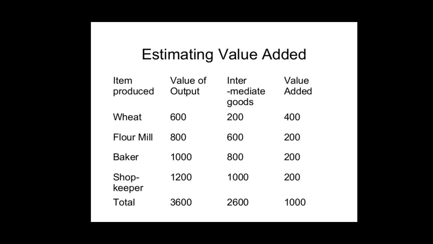So, value added by the farmer is rupees 600 minus rupees 200, which is equal to rupees 400.